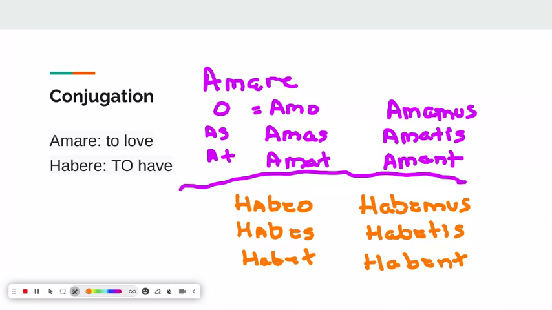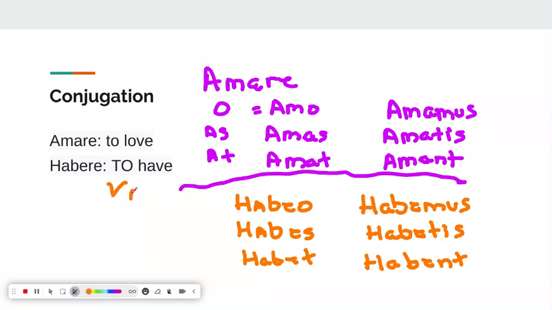It's almost the same as the are verbs, right? You're just adding an e instead of a. So habeo is I have, and habemus is we have, and habes is you have, and habetis is you all have, and so forth. Keep that in mind. Just look at how the endings are different. Another ere verb, and you'll notice if you study Latin a lot, there are a lot of English words that come out of it.